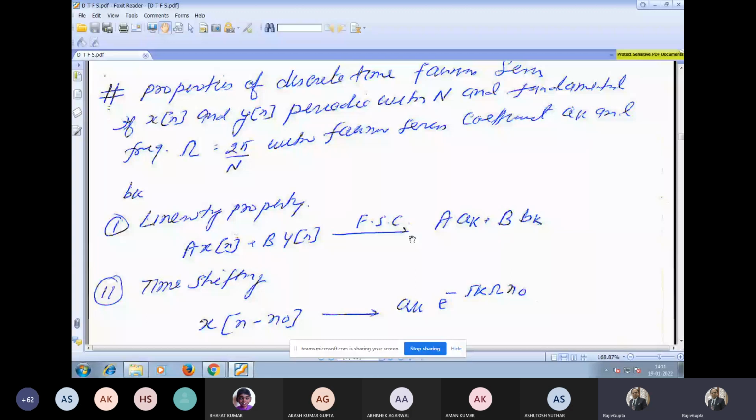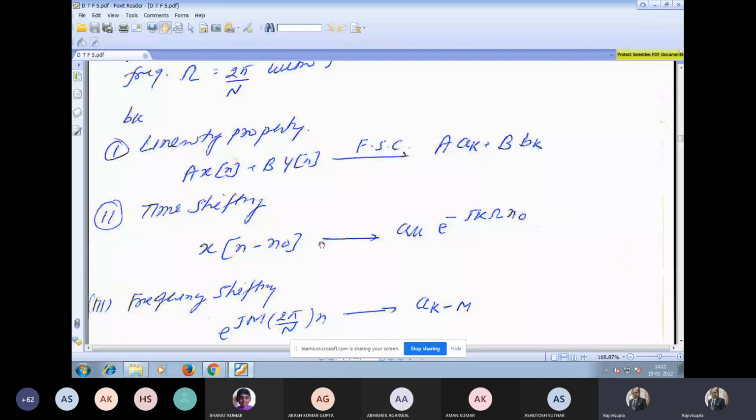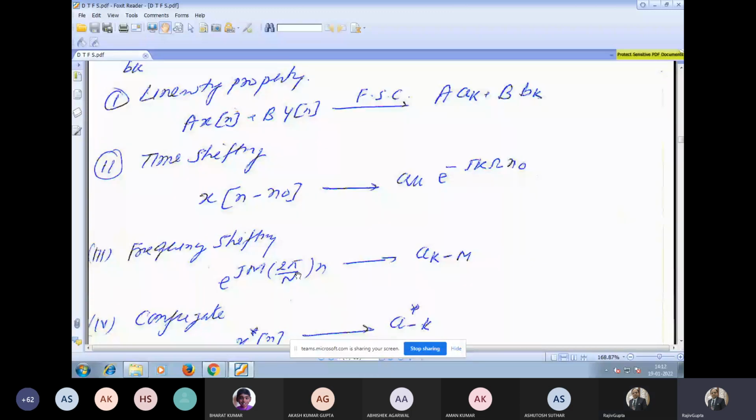Now we have a time shifting property: if your original signal is shifted by n naught, the Fourier series coefficient will be multiplied by a factor e to the power minus j k capital omega n naught. We have a frequency shifting property. If your original signal is multiplied by a factor of e to the power j capital M 2 pi by N n, then the Fourier series coefficient is a_(k minus M).